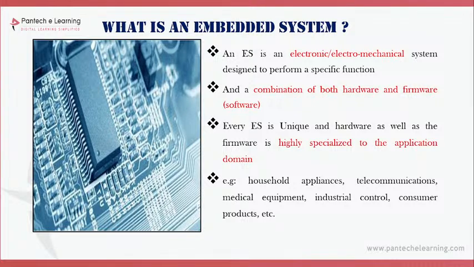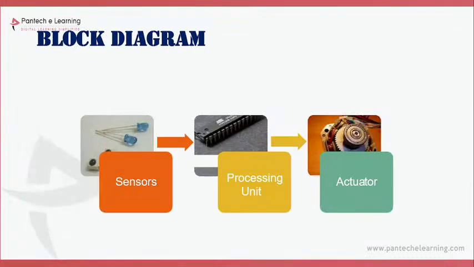So you need to write code in software, then upload it to the hardware, then you will get the output. This combination is the embedded system. It is a combination of both software and hardware.